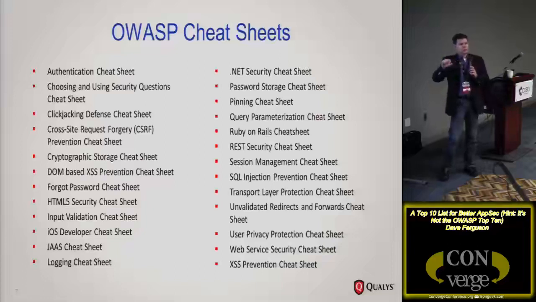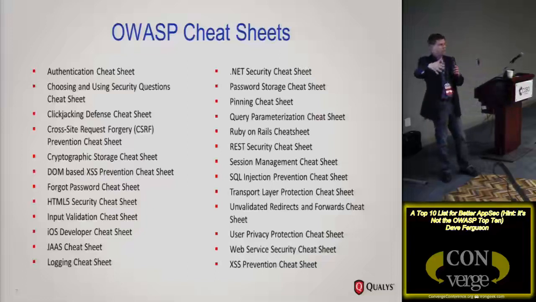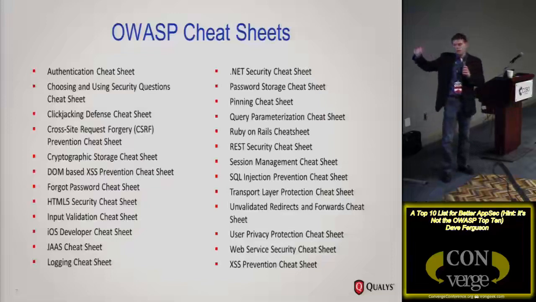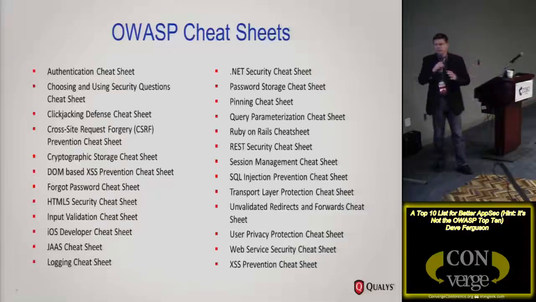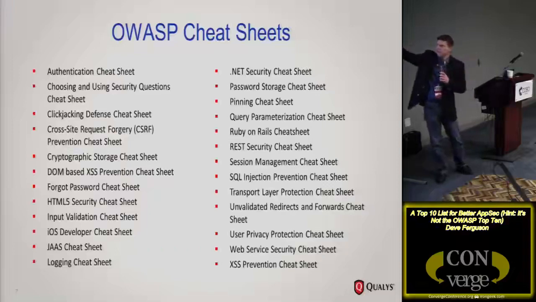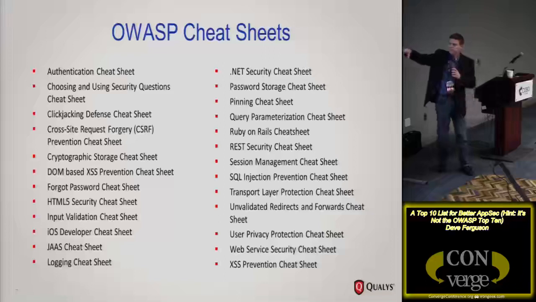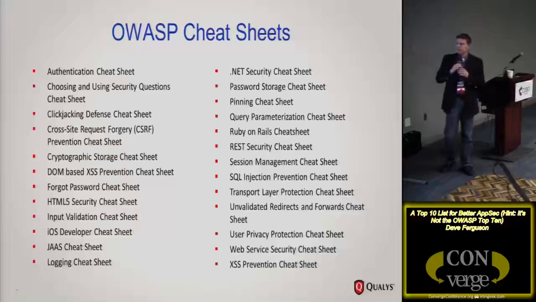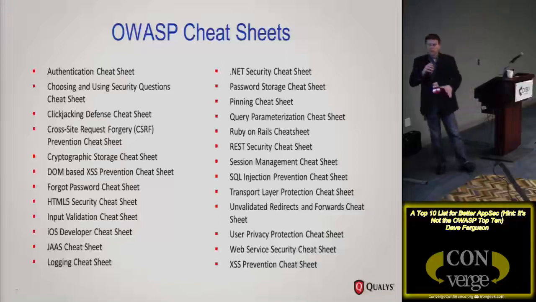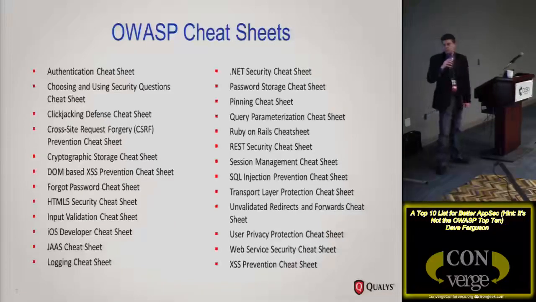If you need to secure your application against SQL injection, how do you do that? There's a cheat sheet for that. There's a cheat sheet for almost anything you can think of. I was the original author of the Forgot Password cheat sheet, which is up here somewhere. But this has been an effort by a lot of smart AppSec people, and it's a great place to go, especially for developers, to reference specific topics.